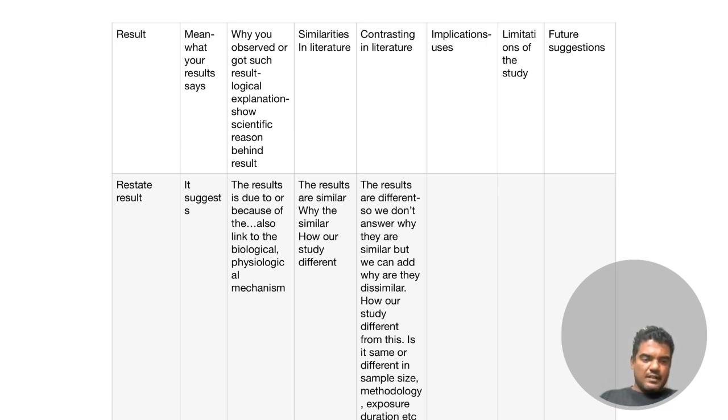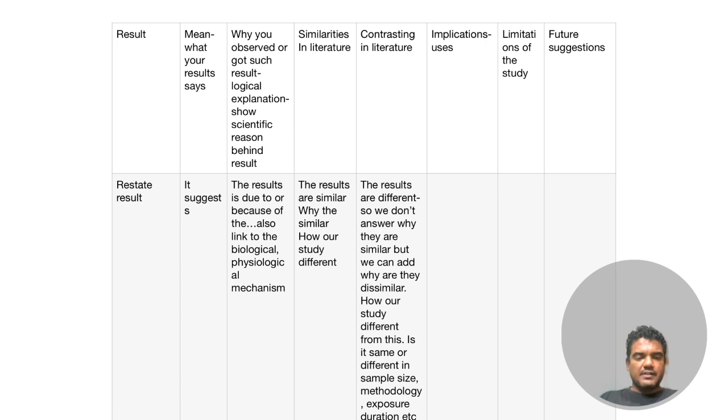Maybe they exposed cells for a very short period of time or at lower concentrations. Such things we have to mention. So contrasting literature is also very important: how their studies and our studies are different, and why their results and our results are not the same.